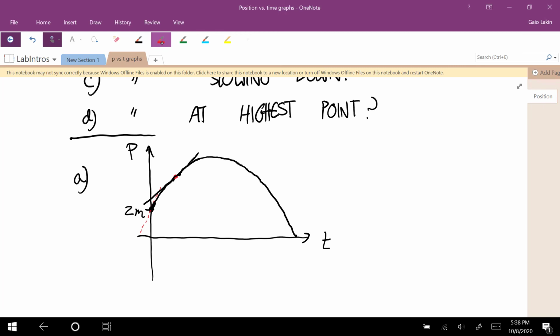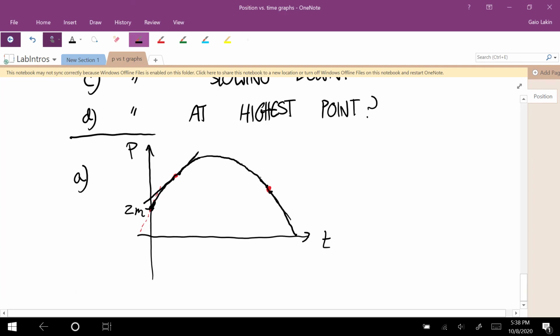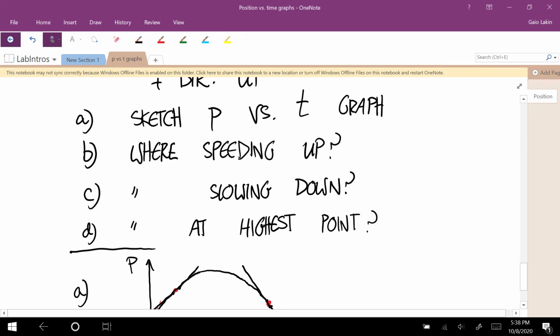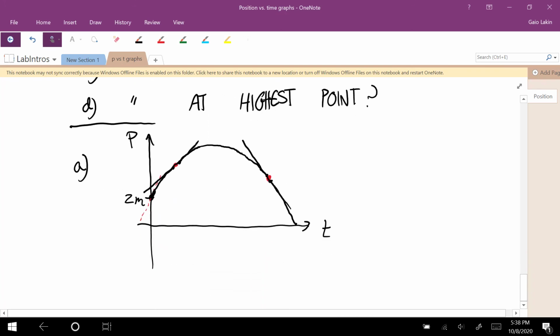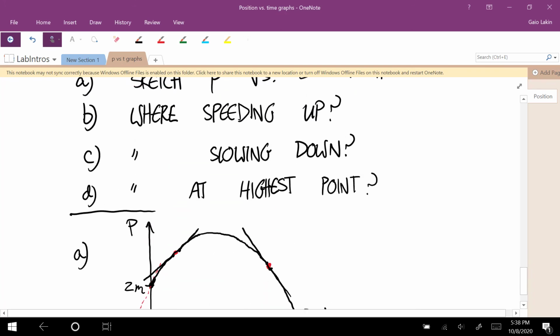And then once it turns around and starts coming back down on that second half, any point you look at, if you draw the tangent, it's going to have a negative slope. Okay, so the first half of this graph represents when the object's on the way up, and the second half of this graph represents when the object's on the way down. Okay, so now that's the position versus time graph.